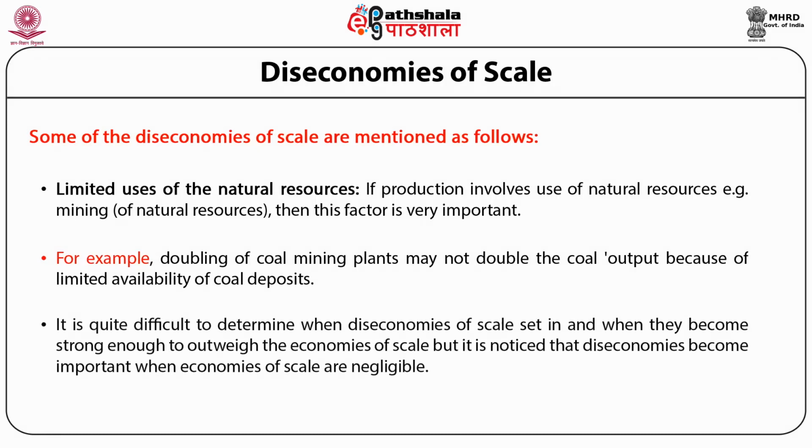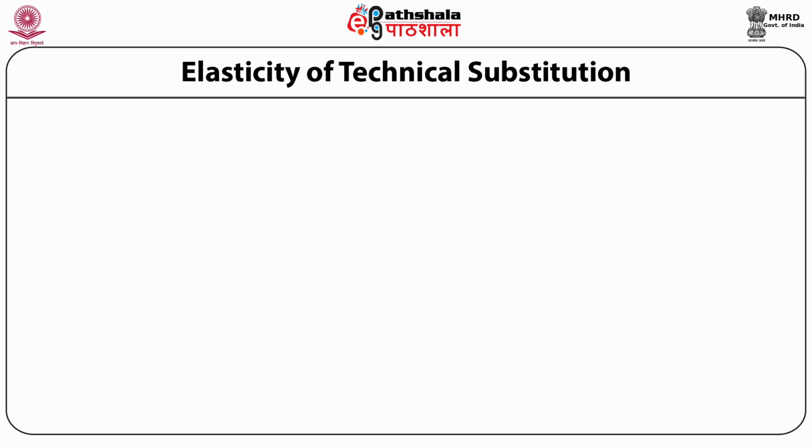It is quite difficult to determine when diseconomies of scale set in and when they become strong enough to outweigh the economies of scale, but it is noticed that diseconomies become important when economies of scale are negligible. Elasticity of technical substitution.